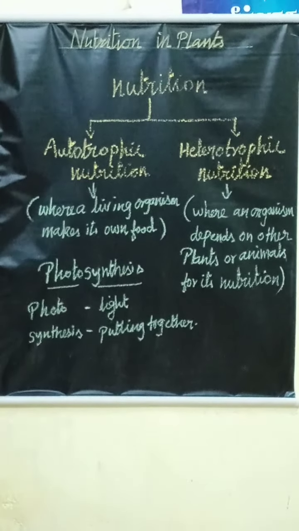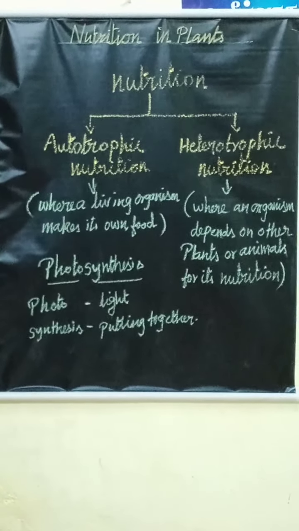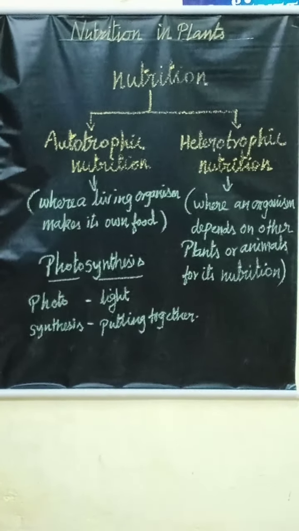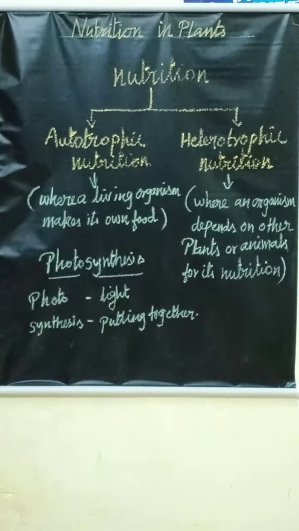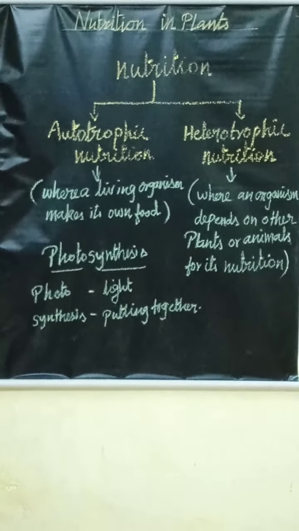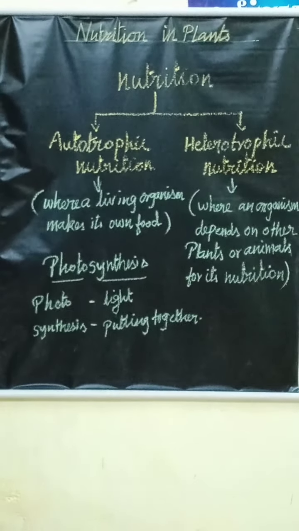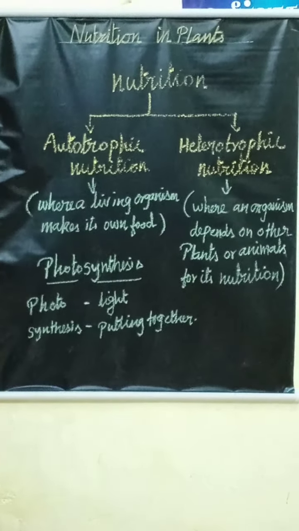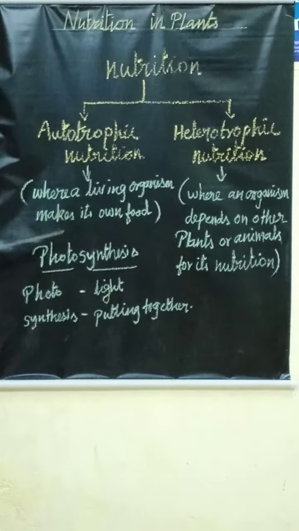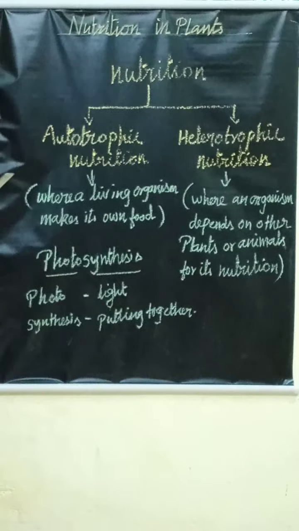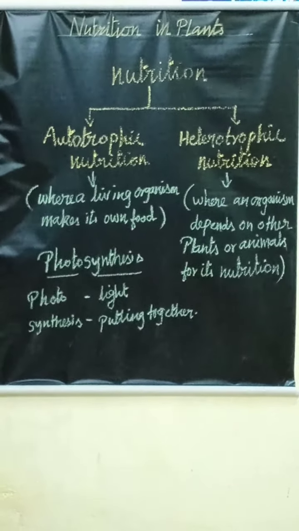They use the energy trapped from sunlight to convert simple substances like carbon dioxide and water into food through the process of photosynthesis. That is autotrophic nutrition. Here, the example of autotrophs is all the green plants.